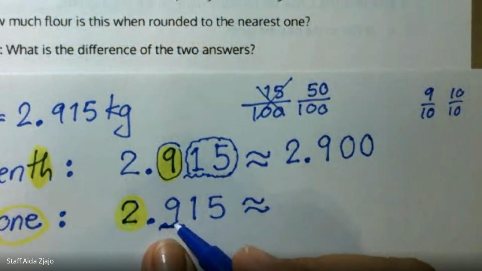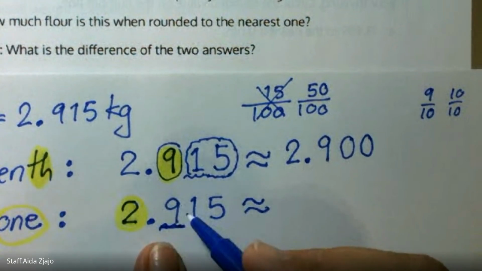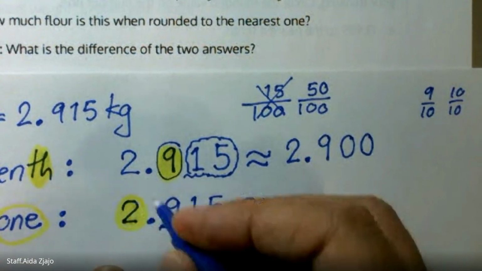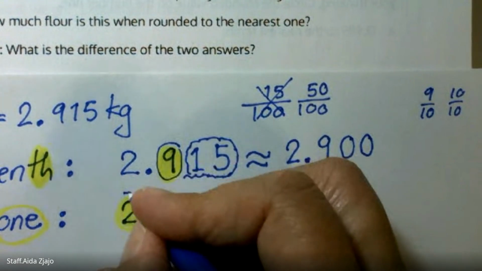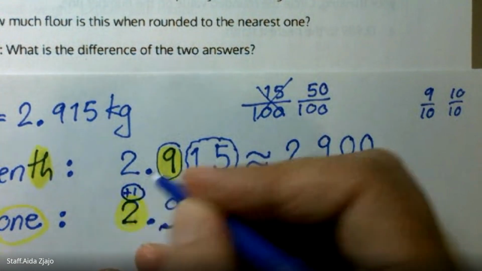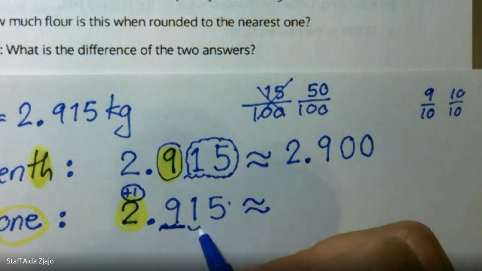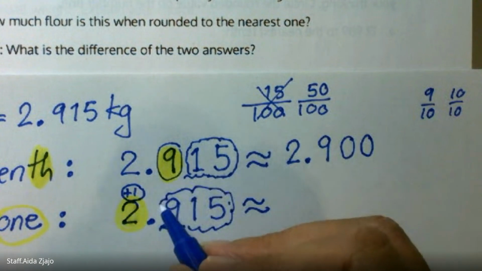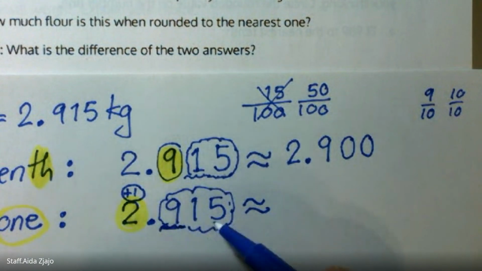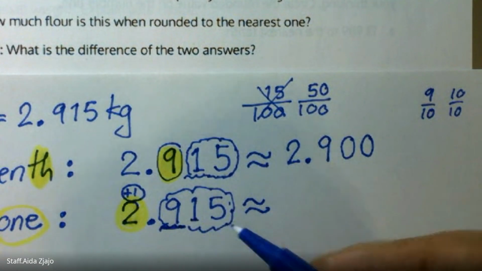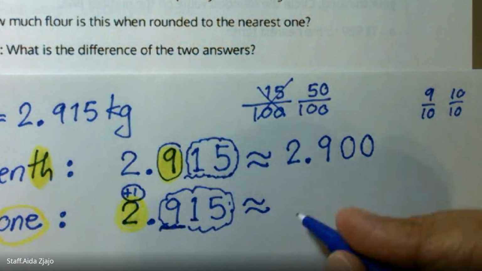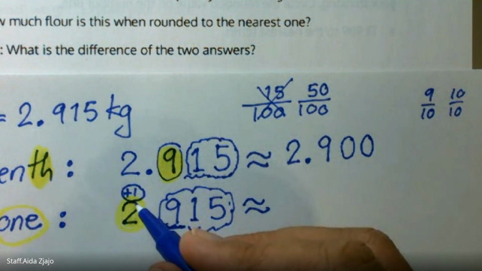So you can easily take all of this and make a new whole. Right now I'm going to use all of this, the 9 tenths and 15 thousandths, to create a new whole.